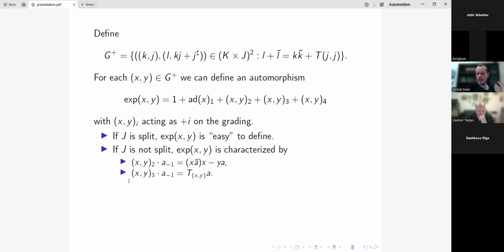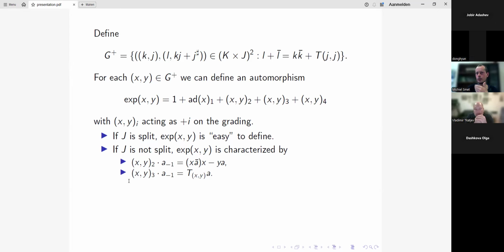If J is split, your Z grading of your Lie algebra refines into a Z squared grading, which you can use to define these exponentials on certain generators. And on those generators, it's relatively easy to define the exponential. If J is not split, you go around by first extending scalars so that J becomes split.